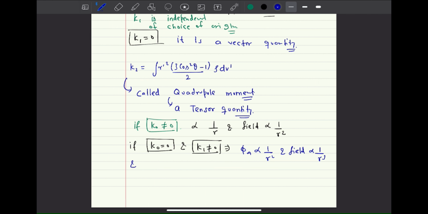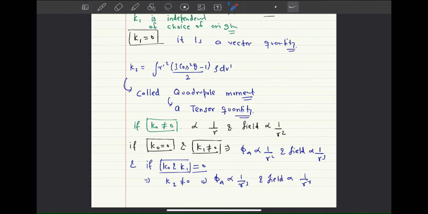Similarly, if K0 and K1 are both 0 and K2 is not 0, then potential will vary as 1 upon r cube and field will vary as 1 upon r to the power 4.